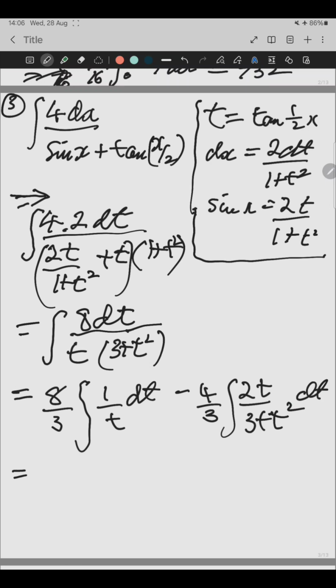And the first one is just 8 over 3 log n of t, and the second is minus 4 upon 3 log n of 3 plus t squared.